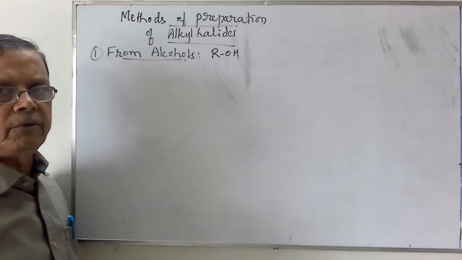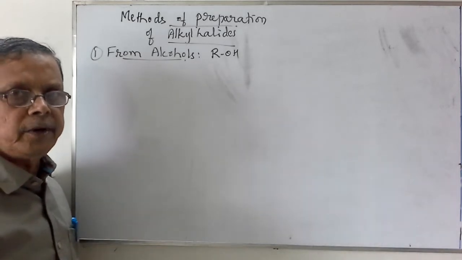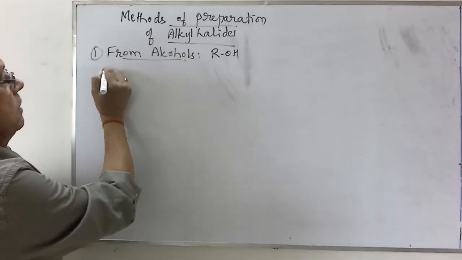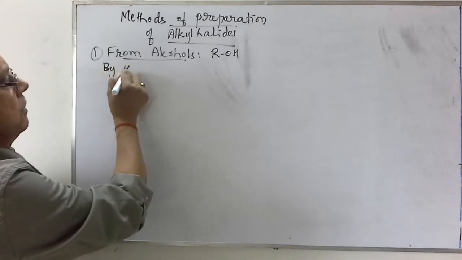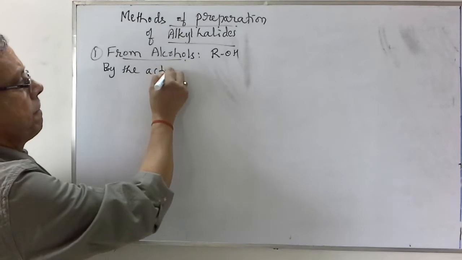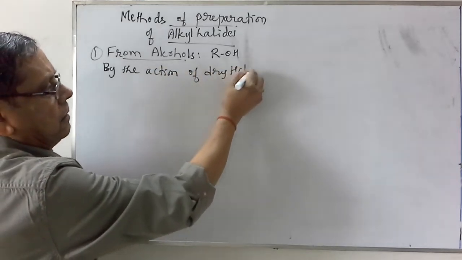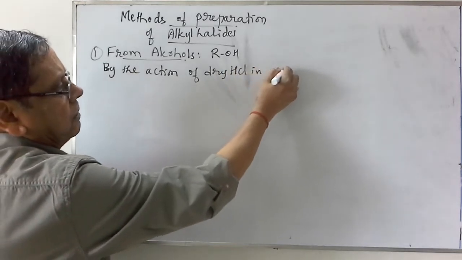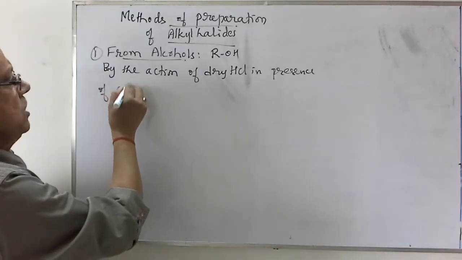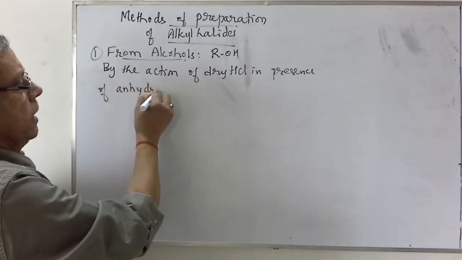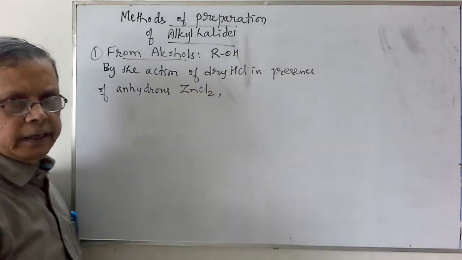There are so many methods available for the conversion of alcohol into the corresponding alkyl halide. Either we can write this as by the action of dry HCl in presence of anhydrous zinc chloride. So this is one method.